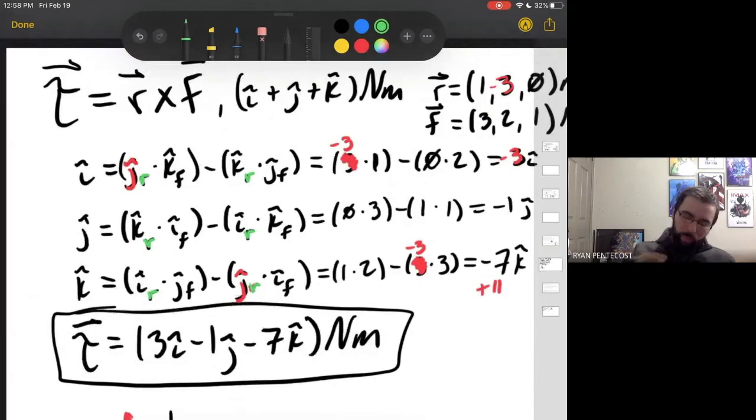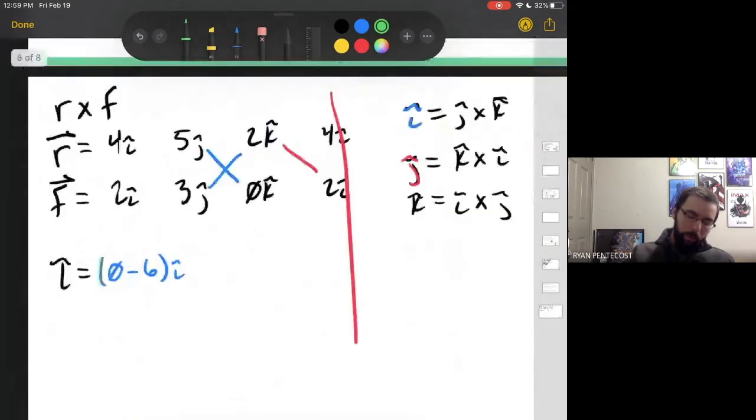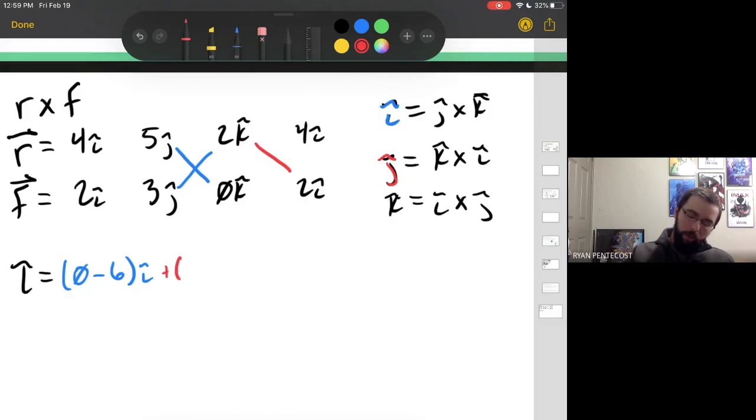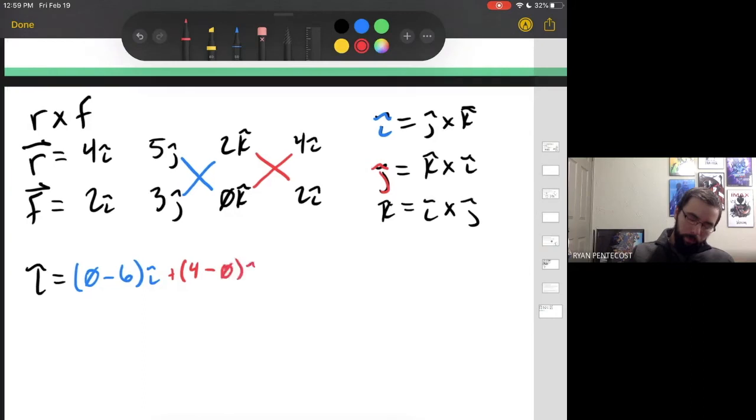So when we come down here, we start with the R. For j, we're doing k cross i. So you have 2k times 2i, so 2 times 2 is 4. Then you have radius times force again, 4 times 0, which is 0, and the j.